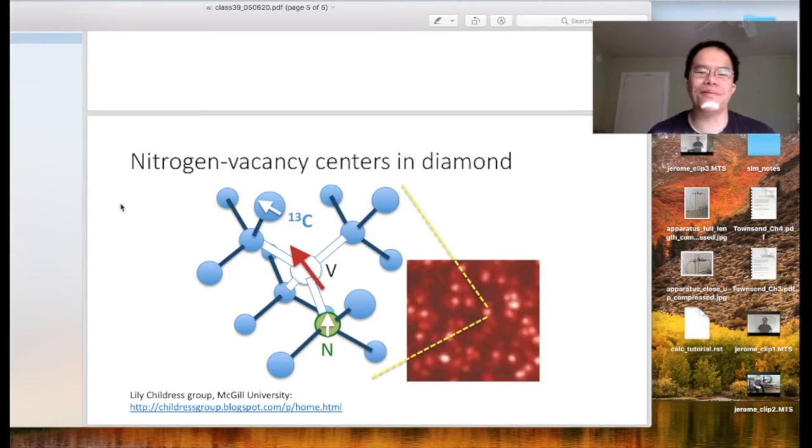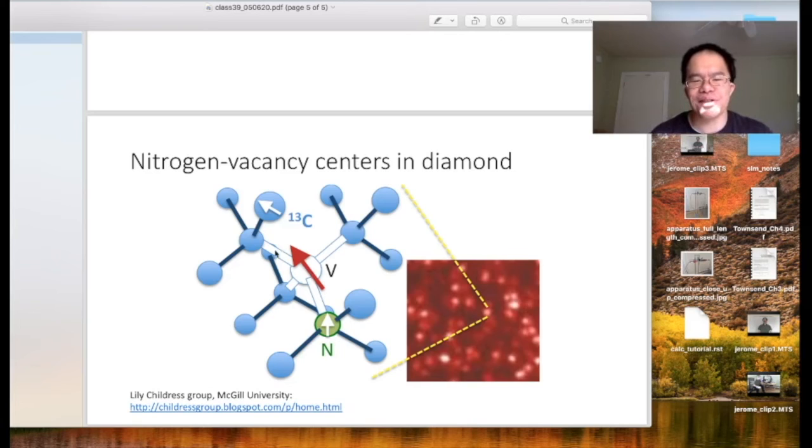If you have a diamond lattice, so diamond is carbon, and carbon likes to form these tetrahedral bonds, you can have what are called defects in a diamond crystal. There's one particular defect called a nitrogen vacancy center, or an NV center. In this kind of defect, instead of a carbon, you have a nitrogen atom substituted in, plus a vacancy, or a missing atom.